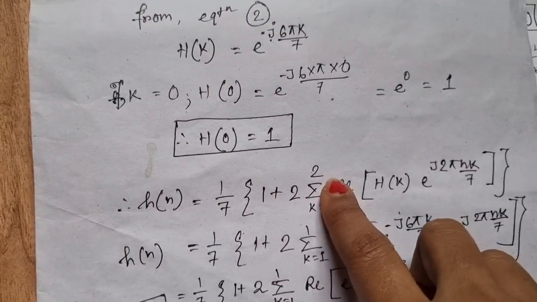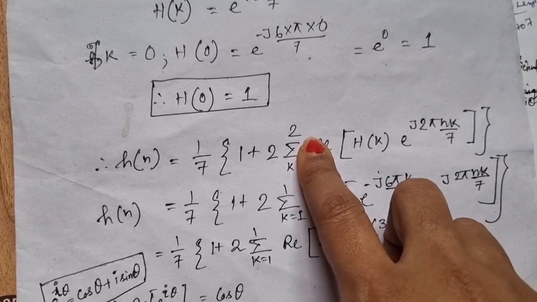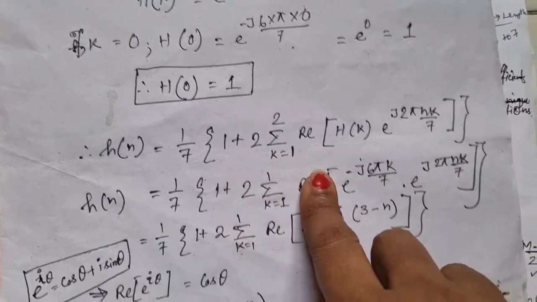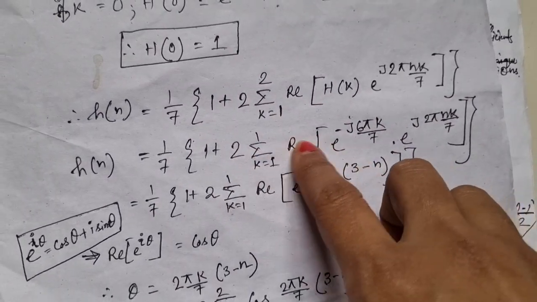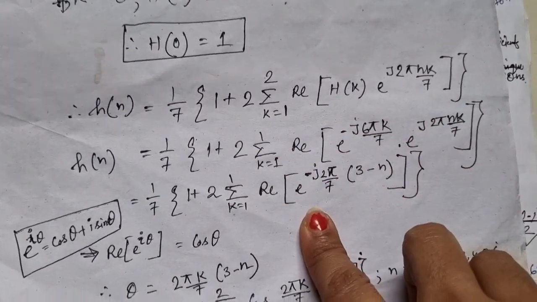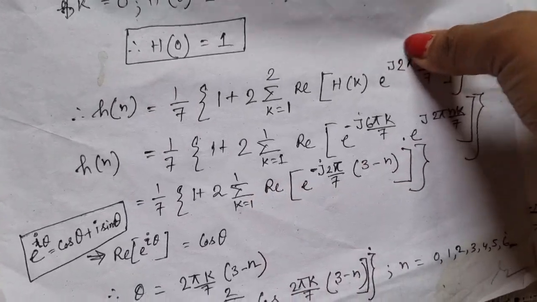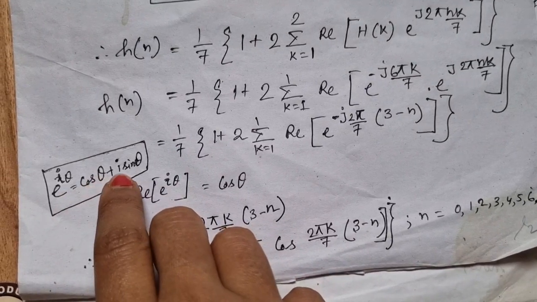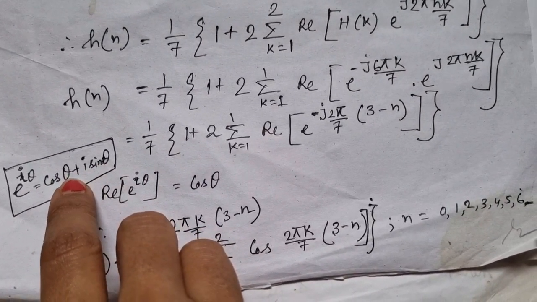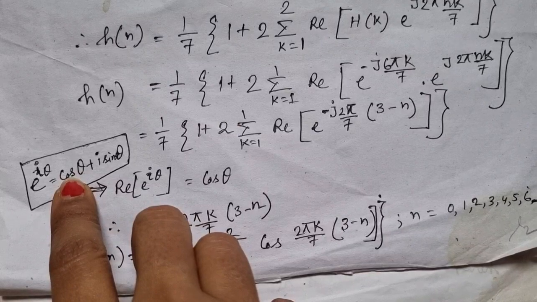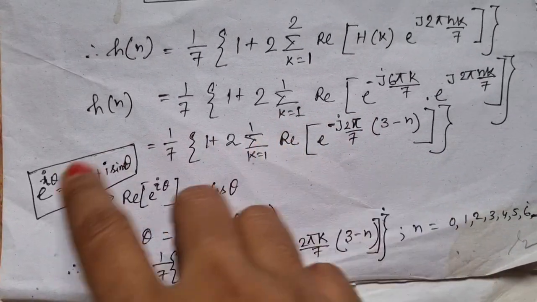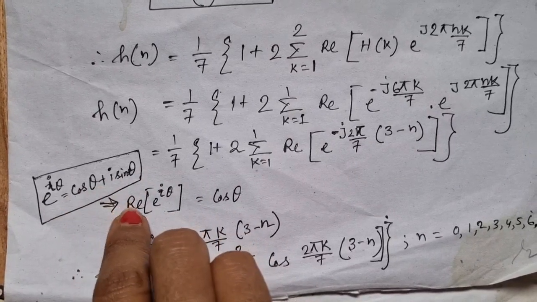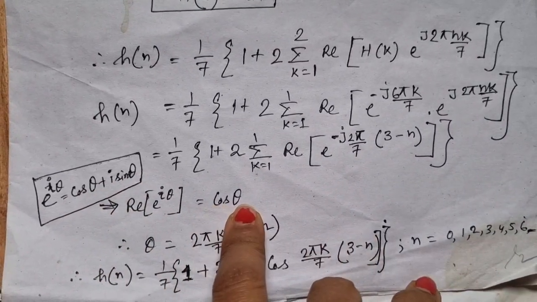Remember it, whatever the range we have to consider. Now just put 1 as per the equation, and next solve this portion. Now the real part: what is the formula? e to the power i theta is cos theta plus i sin theta. We are considering only the real part, so the real part of e to the power i theta is cos theta, so only consider cos theta.